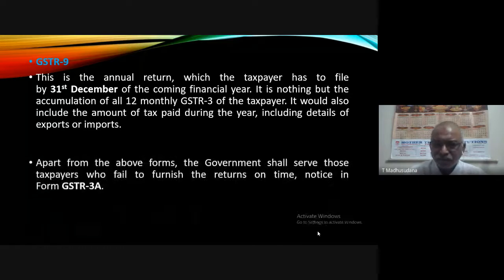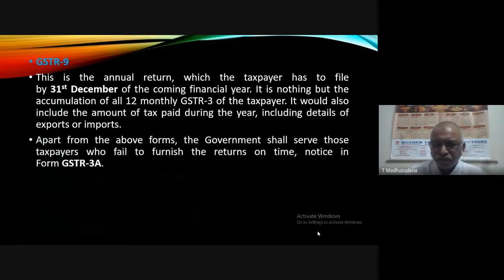Apart from the above forms, the government shall serve those taxpayers who fail to furnish the returns on time notice in GSTR 3A. Okay.